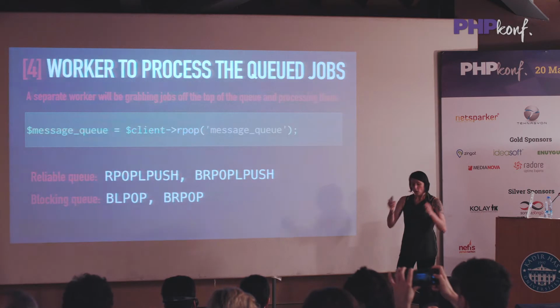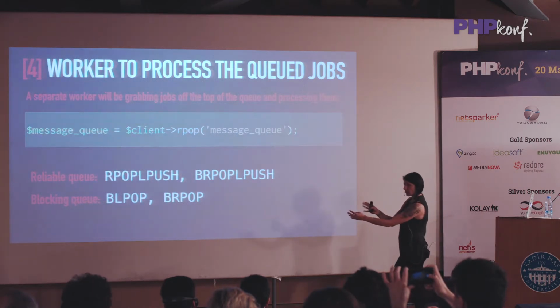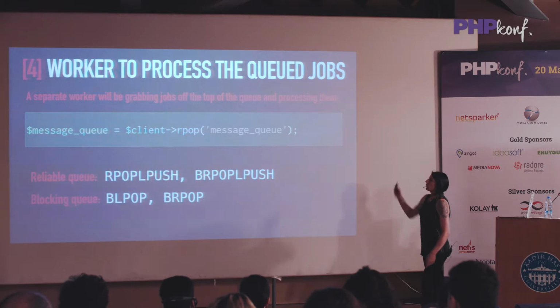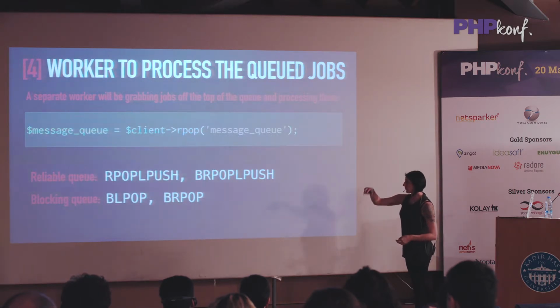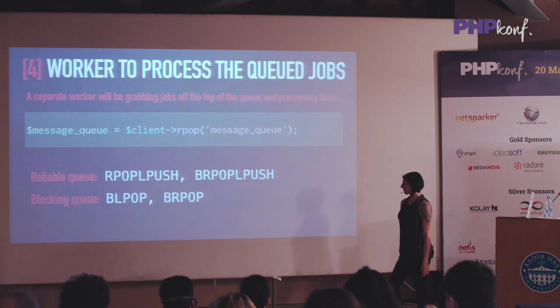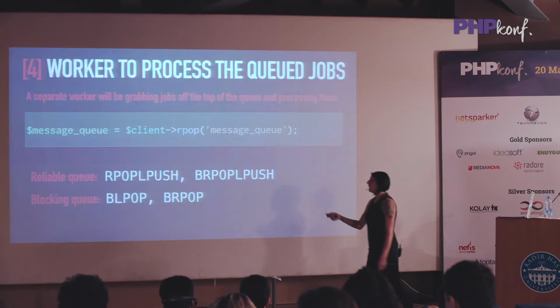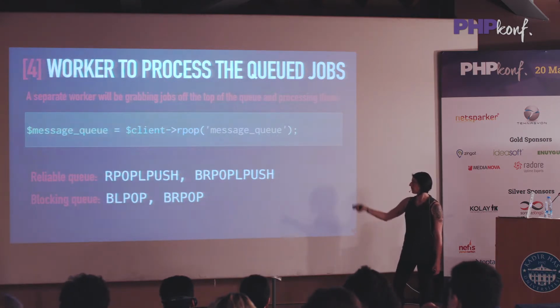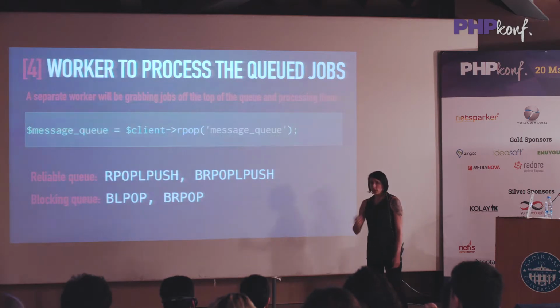What that means is we have a queue of unprocessed elements and a queue for elements that are being processed at the moment, like in process. So in one operation, we are moving the element from one queue to the other. That's the RPOPLPUSH operation. And then we also have blocking operations: blocking left pop, blocking right pop, blocking RPOPLPUSH.